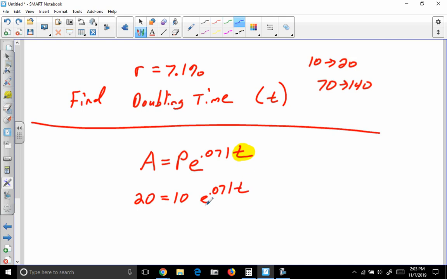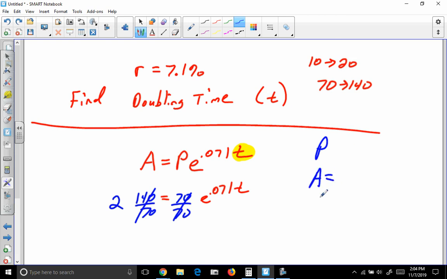If we divide to get rid of our coefficient, if our population starts out at 10 and it doubles to 20, 20 divided by 10 would be 2. If our population started out at 70 and it doubled to 140, when we get rid of our coefficient, we would still end up with 2. So we could say that our initial population is p.